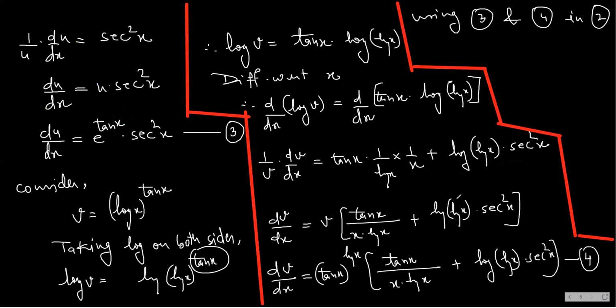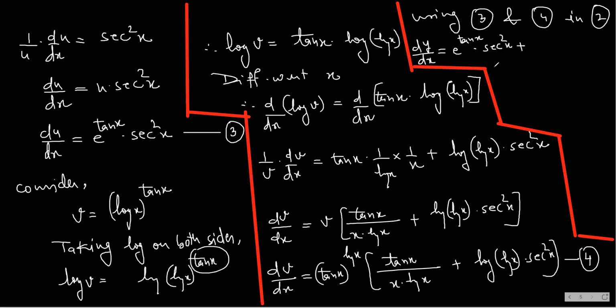Definitely, it's going to look big. So what will be your dy by dx? dy by dx will be du by dx, which is e raised to tan x into sec square x, plus dv by dx, which is quite big.